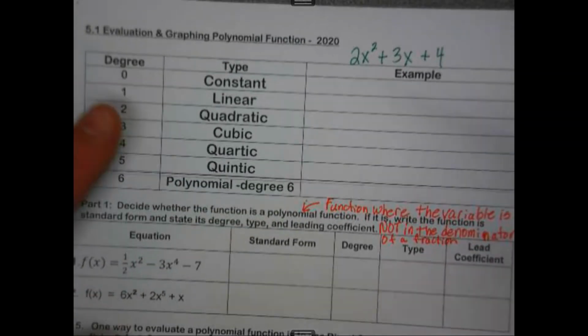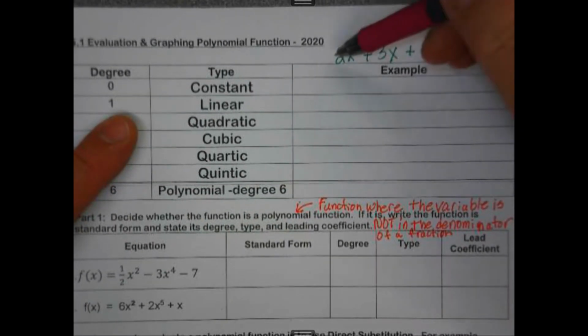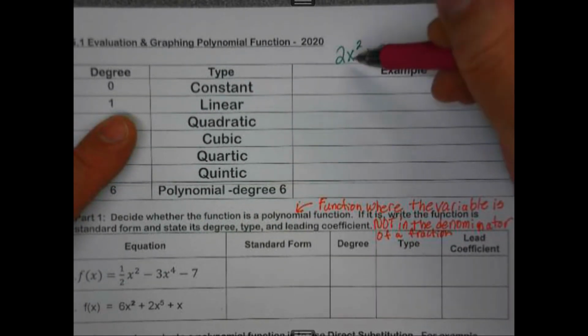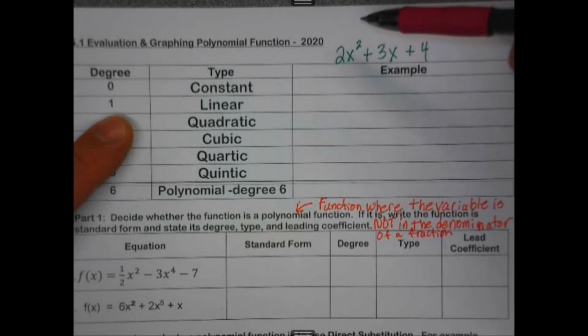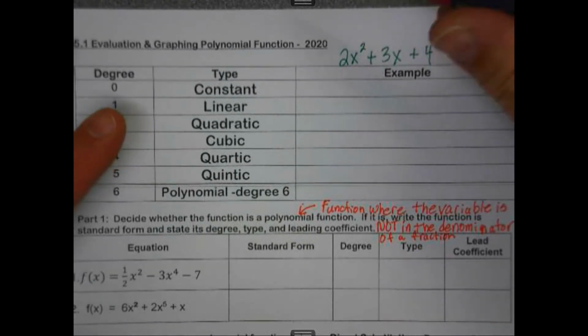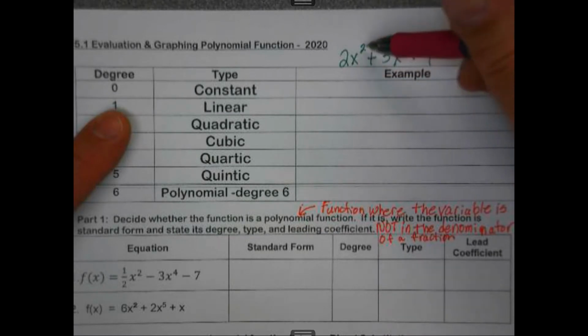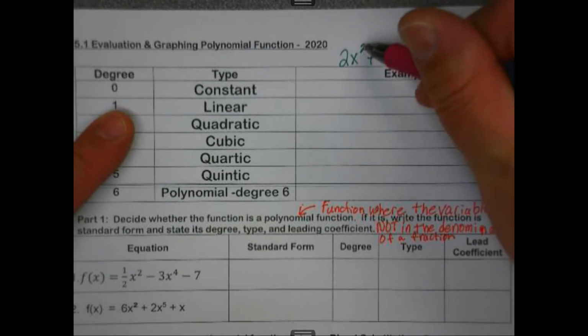Okay, first of all, I want to point out here, this is in standard form because I have x squared. Standard form is nothing more than from highest exponent to lowest exponent of the variable. So actually, I look at the x squared here.